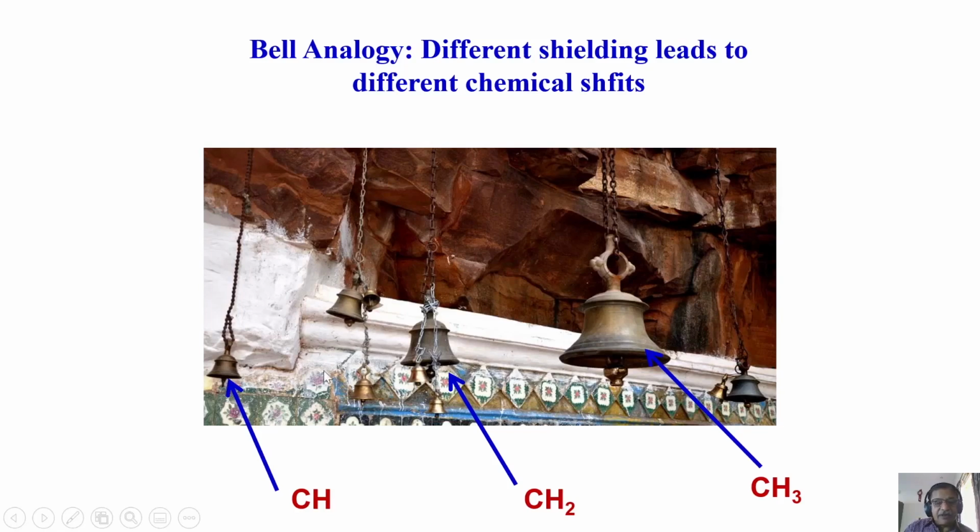When I come back to this one, this is even smaller than this. This also has a nucleus and the charge distribution. It is a very simple comparison to the spectrum I showed before. This is CH3, more shielded with 3 protons, comes at high field. Then comes CH2 and then CH in the same order. It's a fantastic analogy to say how different shielding leads to different chemical shifts.